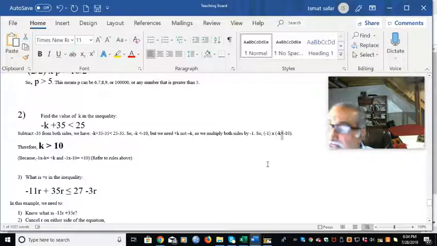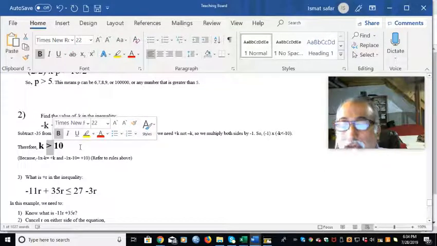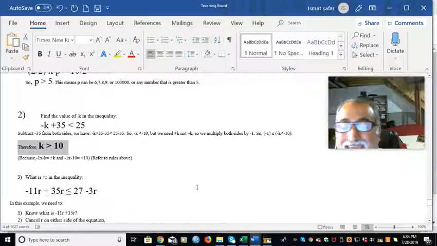The less sign becomes greater, and the greater becomes less. Since we are multiplying both sides by -1, we reverse the sign. So the solution here is k is greater than 10.